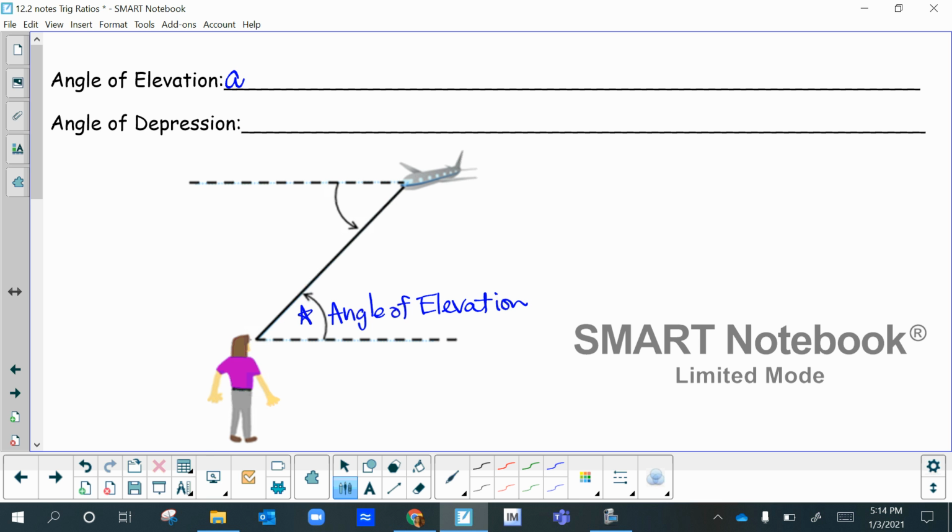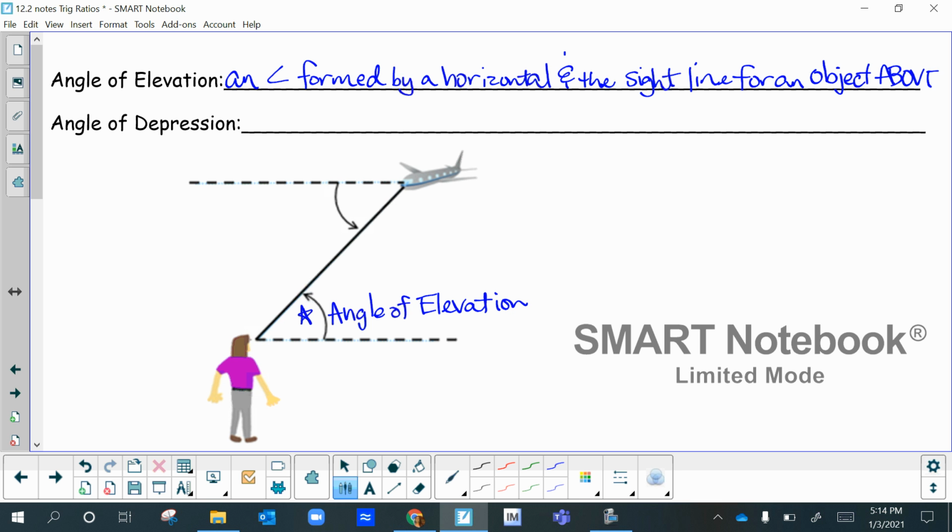So this is an angle formed by a horizontal and the sight line for an object above.